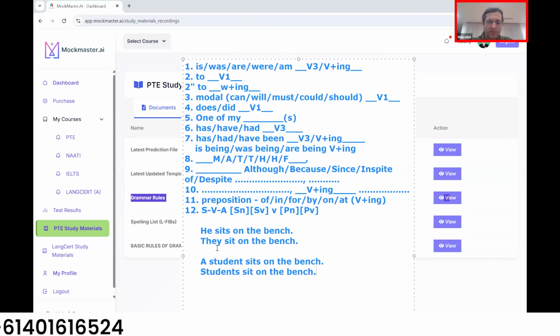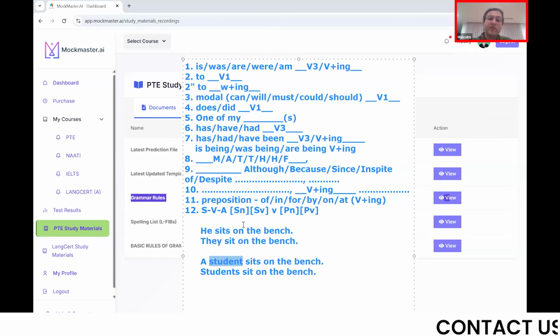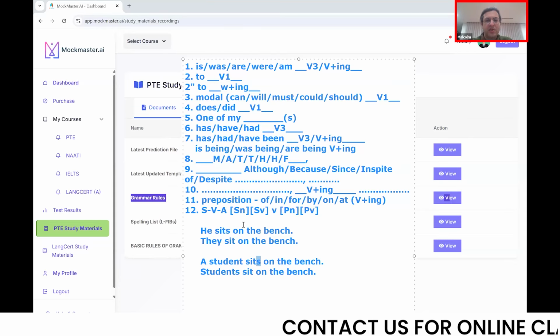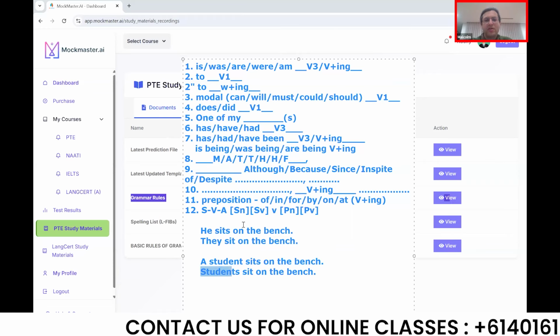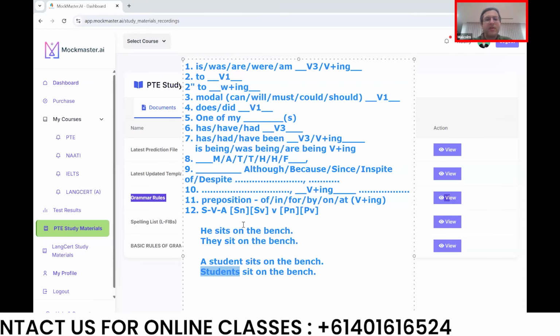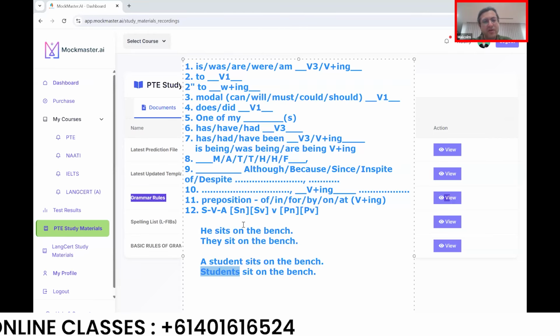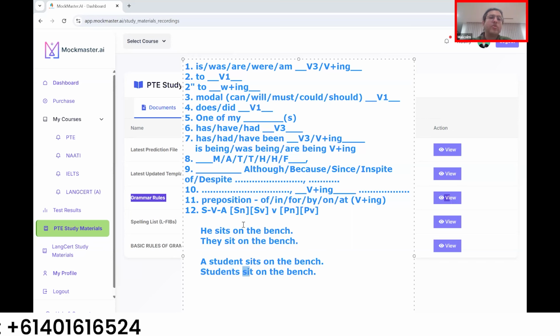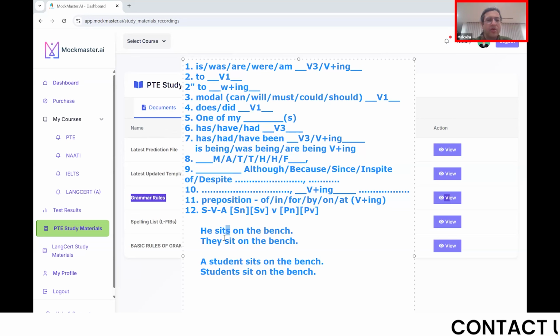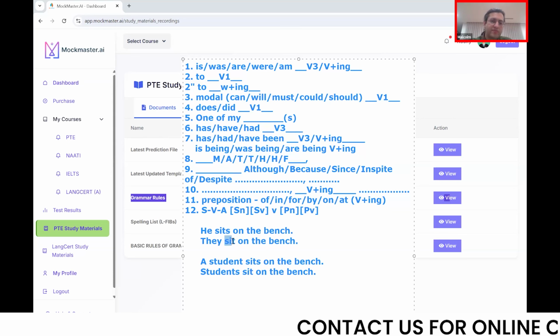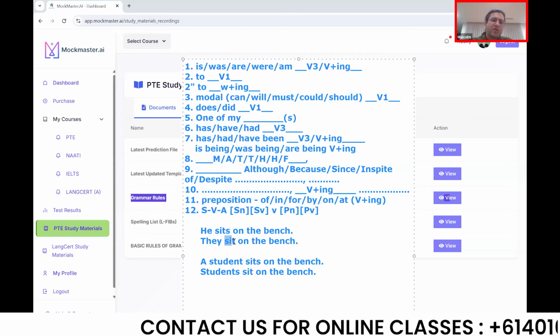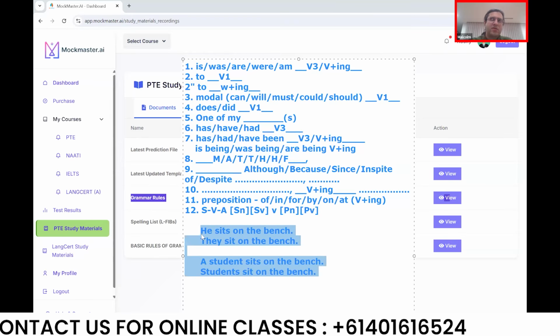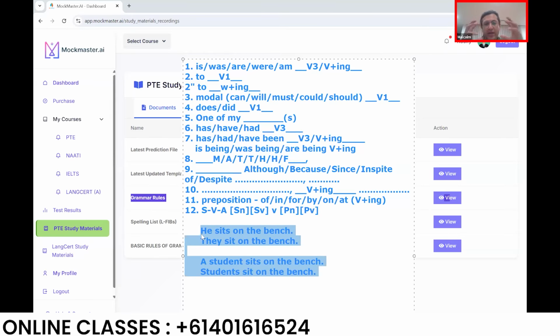So if the noun does not end with S, the verb will end with S. And if the noun ends with S, the verb will not end with S, but still it is a plural verb. So singular verbs end with S, plural verbs don't end with S. But you have to understand the entire sentence.